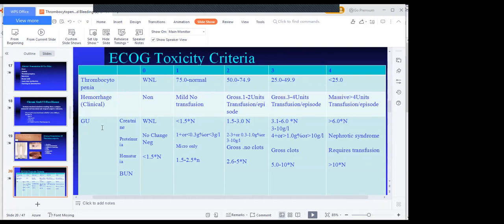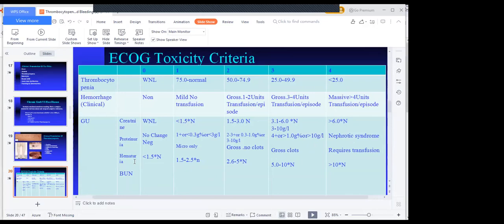And you can see that within normal limits is scale 0, and less than 1.5 is normal, and 1.5 to 3 is in grade 2, and 3.126 is included in grade 3, and grade 4 is nephrotic syndrome.